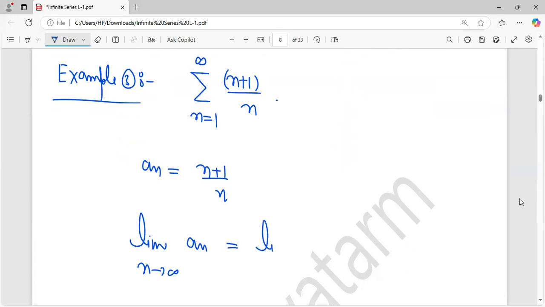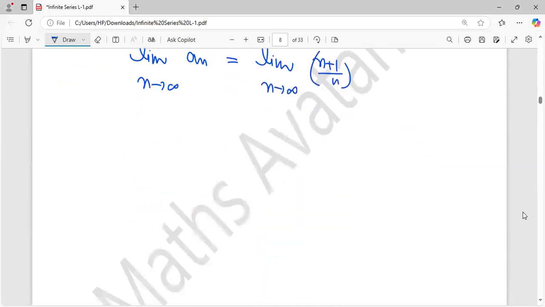That is limit n tending to infinity 1 plus 1 upon n, that is 1 plus 0, sorry, 1.